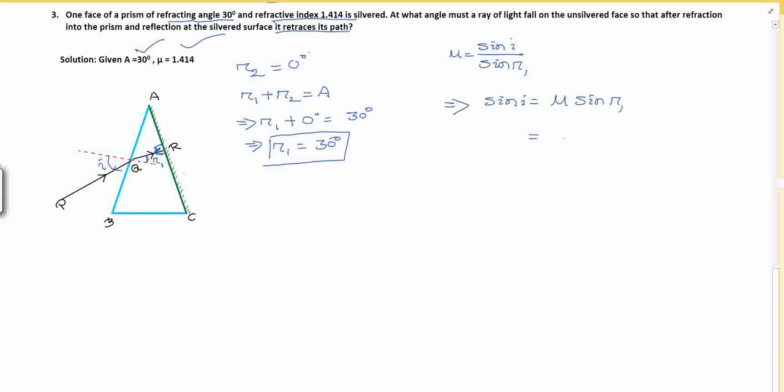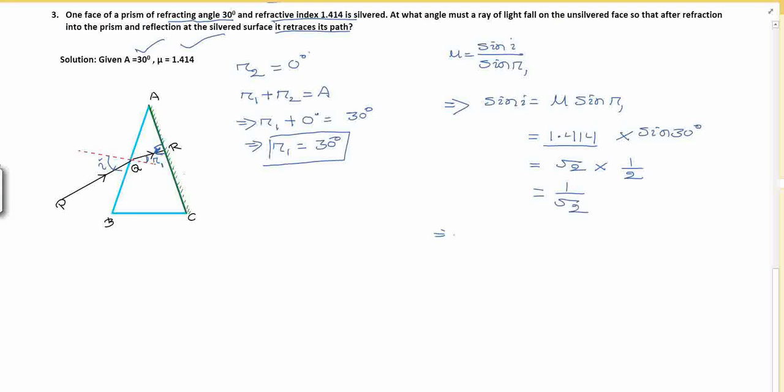Here it is given mu is equal to 1.414. We know that 1.414 is the value of root 2, into sine R1, sine 30 degree. So root 2 into sine 30 degree, which is 1 by 2, is equal to 1 divided by root 2.